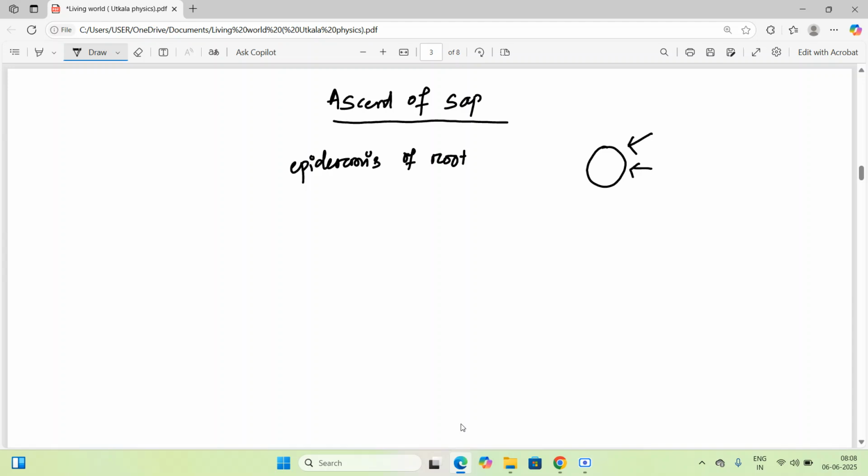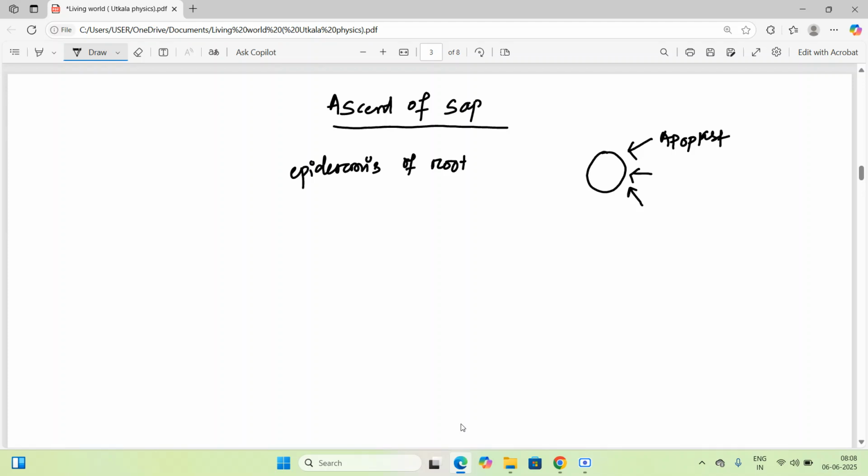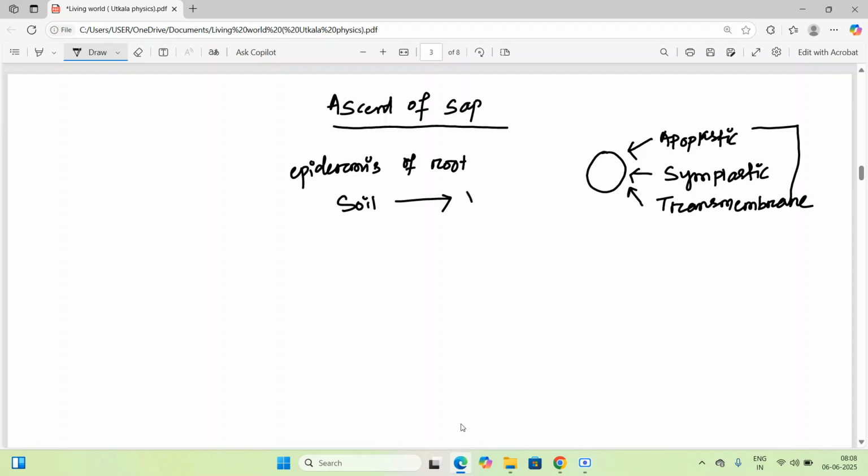These are the three pathways for the movement of water to the xylem: first the apoplastic, second the symplastic, and third the transmembrane. These are the three pathways followed for the movement of water from the soil to the xylem.